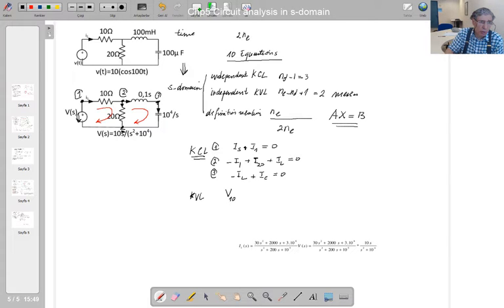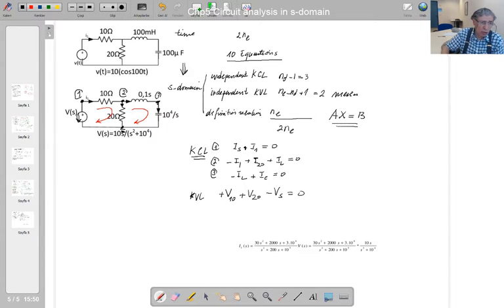It's going to be plus, isn't it? Why is it plus? Because the mesh direction is the same as this element current direction. What about the 20 ohm resistor? Current is also in the same direction with mesh 1, so plus V20. Minus Vs is equal to 0.